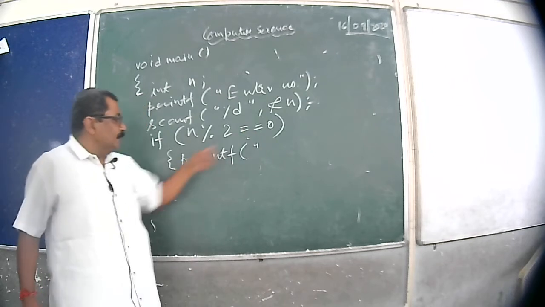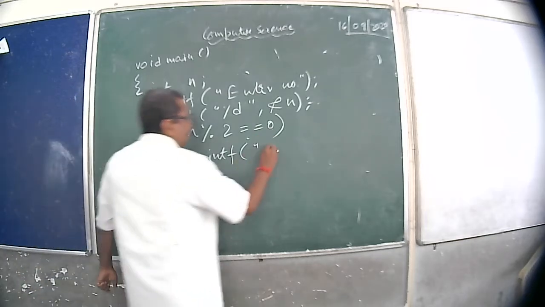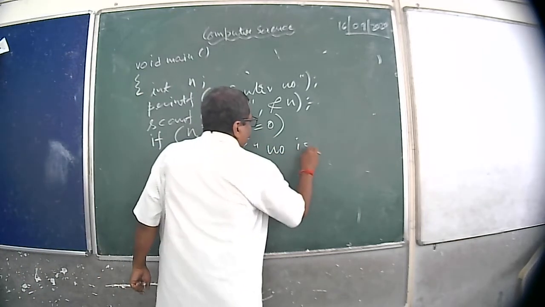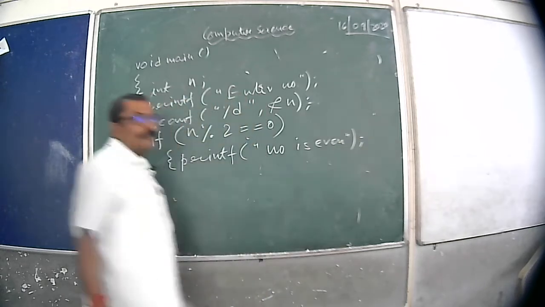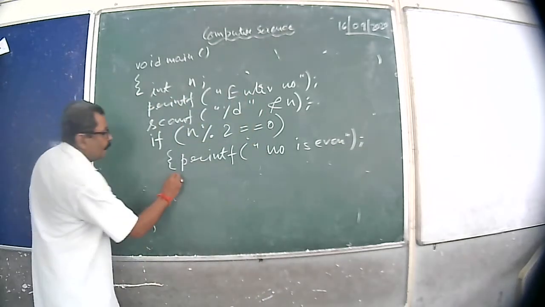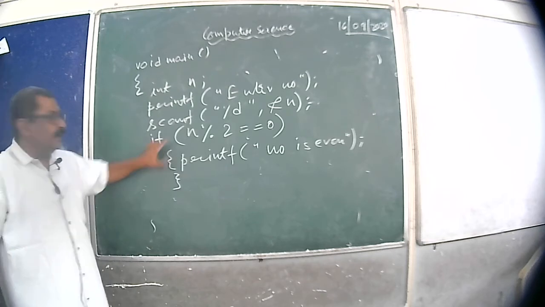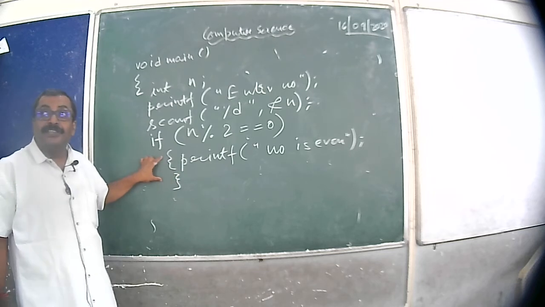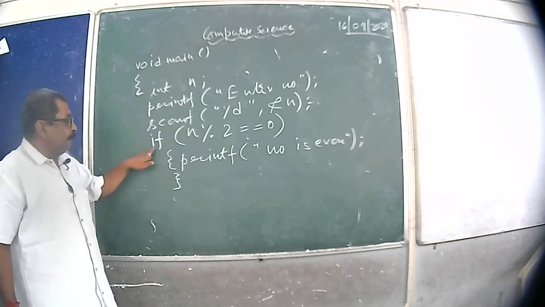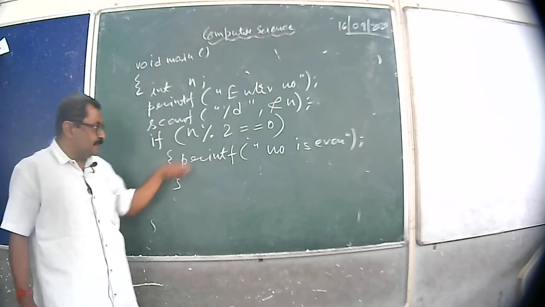When it is true, that means printf number is even. That block indicates the condition is true. The if condition should be enclosed within parentheses, within brackets.